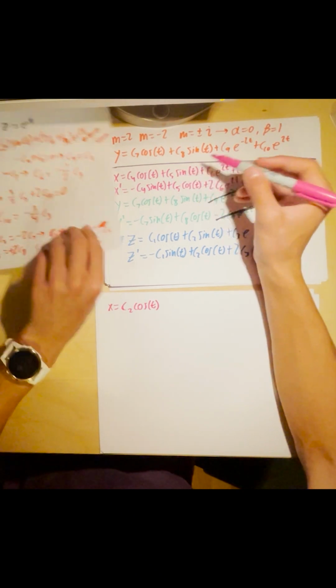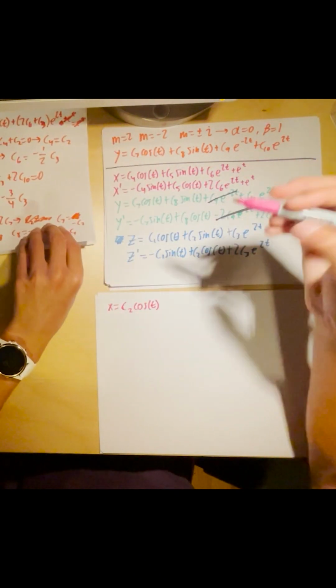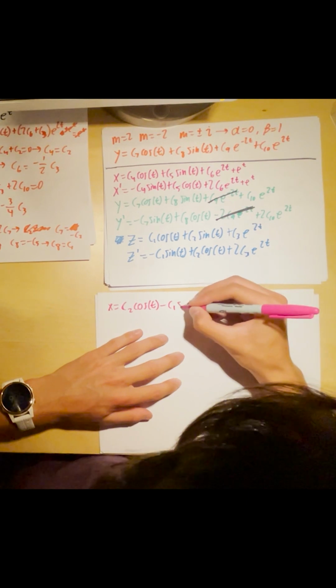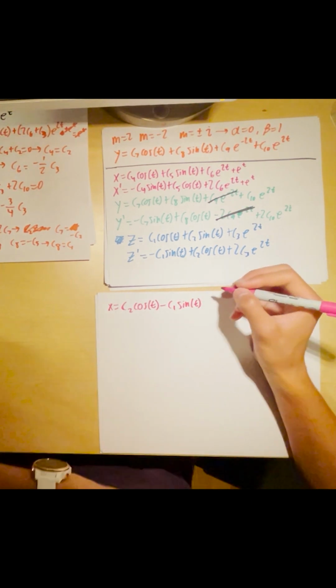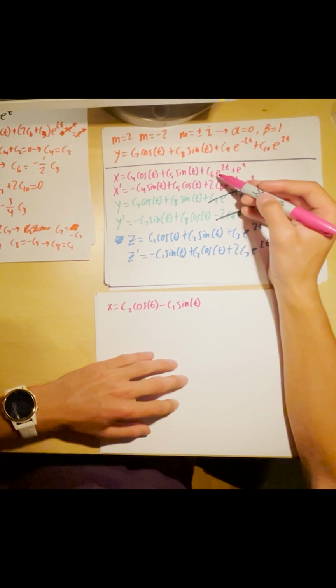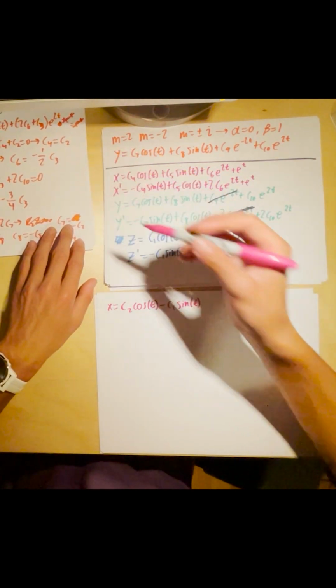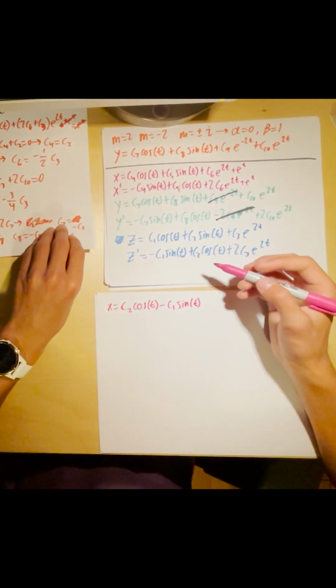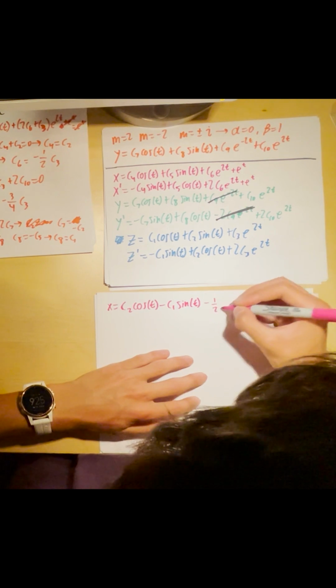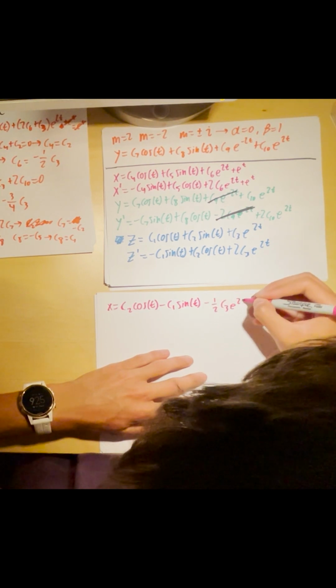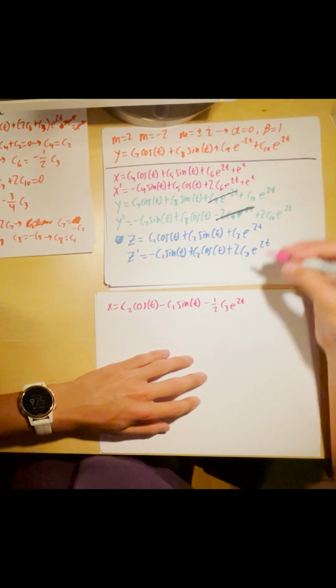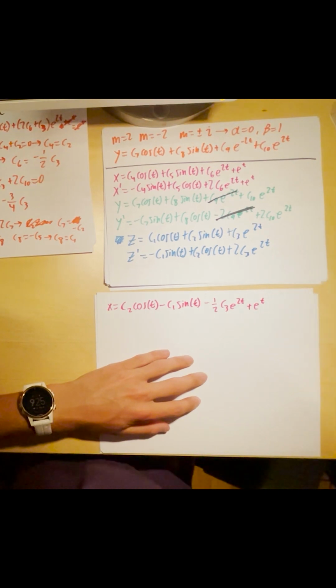Plus C5 sine of t. We found C5 equals negative C1, minus C1 sine of t. C6. We found that C6 is negative 1 over 2 C3 right here. Minus 1 over 2 C3 e to the 2t. No coefficient in front of this part, the e to the t, so I leave it.